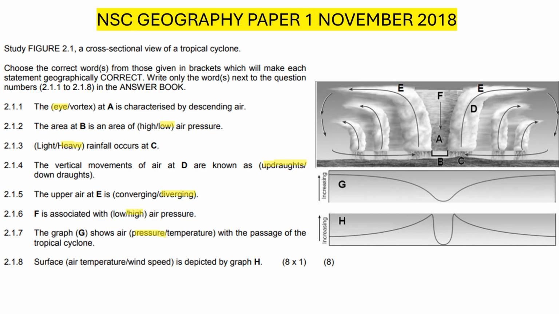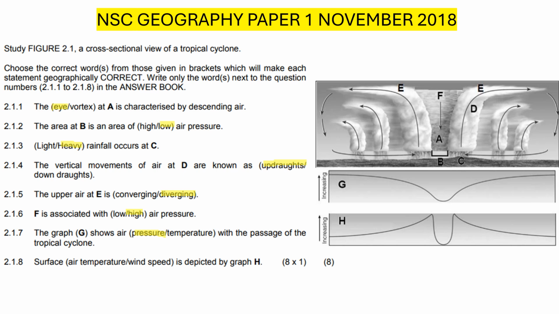Surface air temperature or wind speed is depicted by graph H. So what happens in this graph, you're going to notice that this graph shows an increase in either temperature or wind speed.